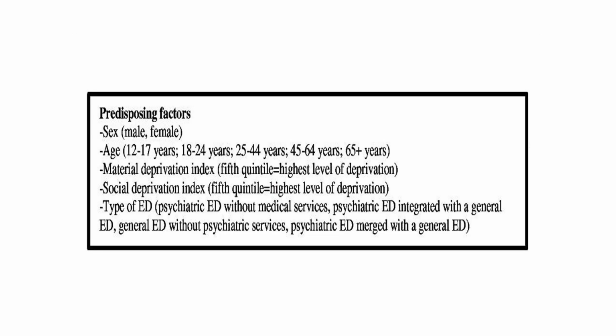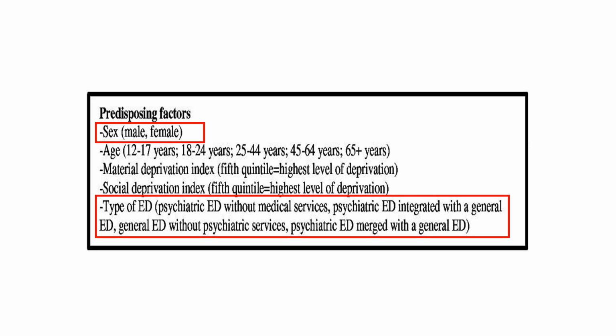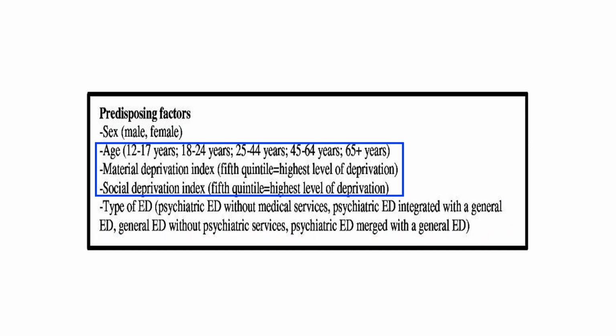Under predisposing factors, the following variables are considered nominal in scale: sex as male and female, type of emergency department such as psychiatric without medical services, psychiatric integrated with general, and general without psychiatric, and psychiatric merged with general. Age categorized into age groups is considered qualitative ordinal.